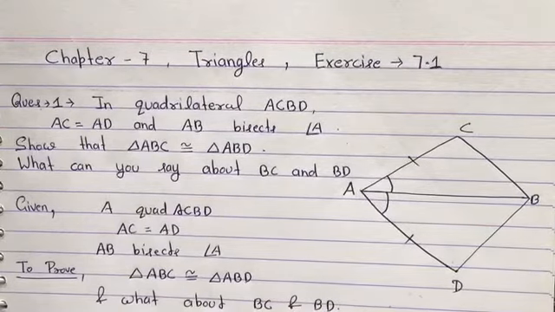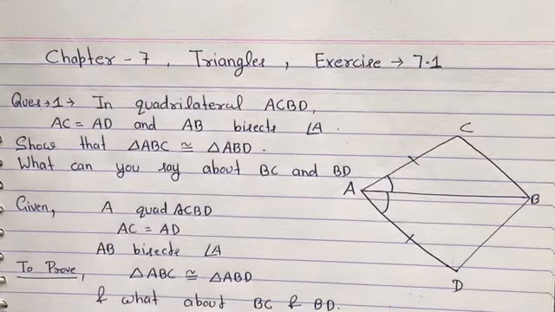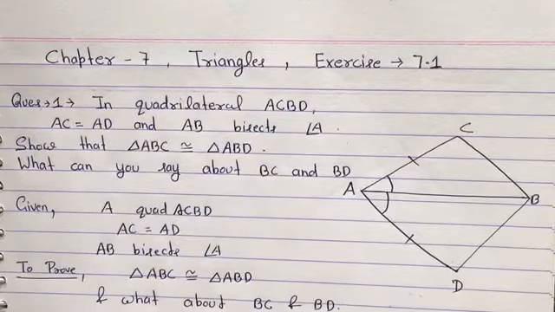If this happens, then the triangles are congruent. And by using this theorem, we can obtain a result here also, and the result is angle angle side congruency.